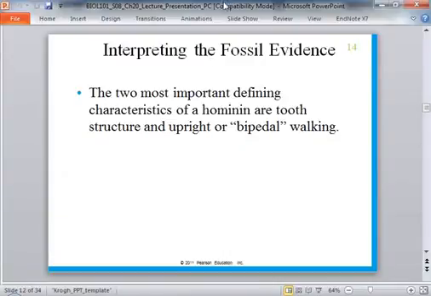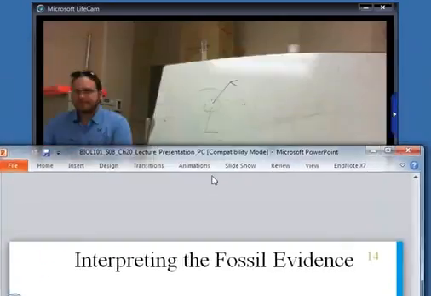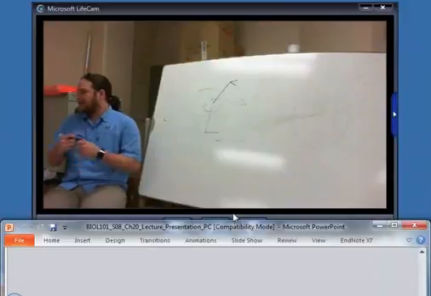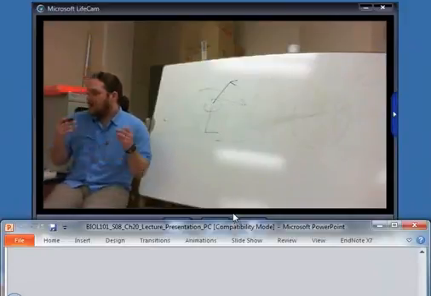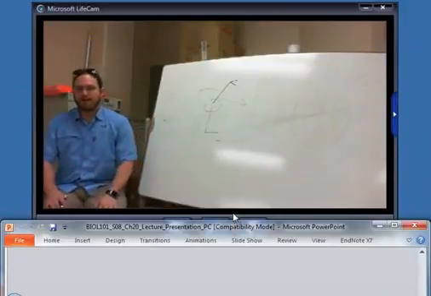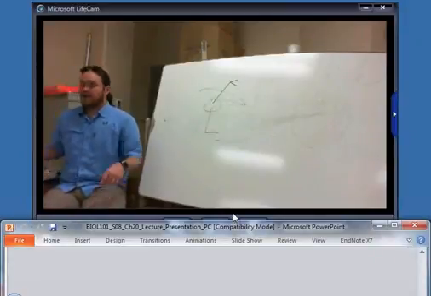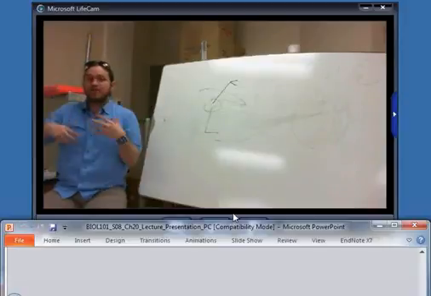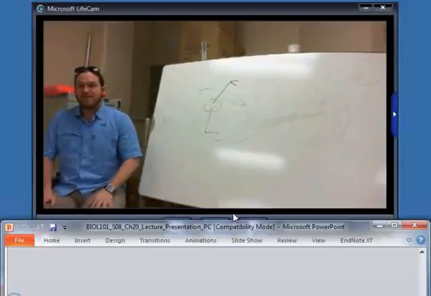There are two important defining characteristics described by your book in the evolution of hominins. First of all, tooth structure. Tooth structure is important because it can tell you a whole bunch about what an organism did for its life. For instance, if you find an organism with sharp pointy teeth like this, it probably tells you it was a carnivore, that it ate meat.